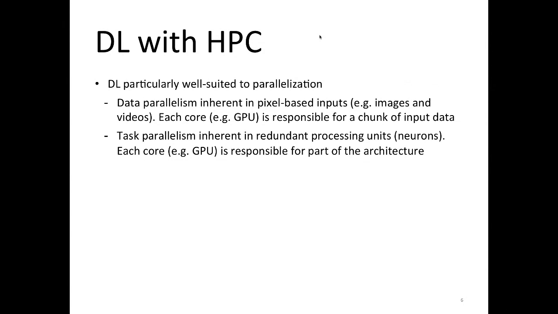People use multi-core CPUs or multiple GPUs, each responsible for a chunk of input data, and put the results together somehow to calculate the final results. Another strategy is task parallelism, where you split your model into two or multiple pieces, and use each CPU core or GPU to sponsor part of the model architecture.